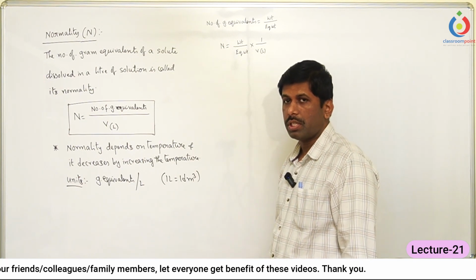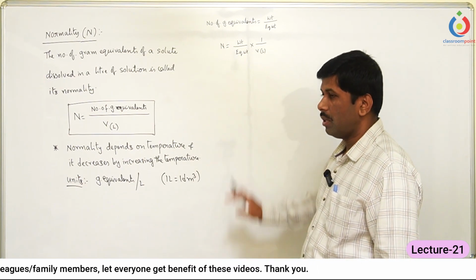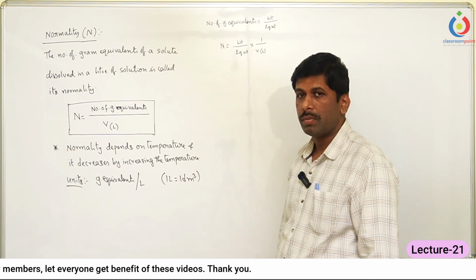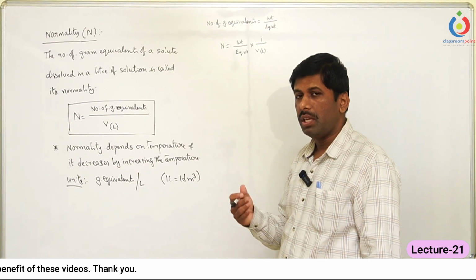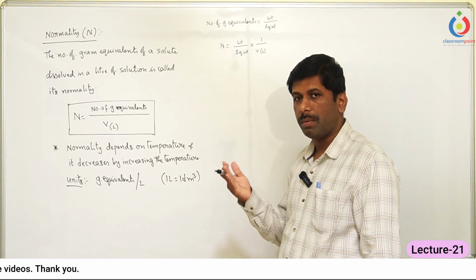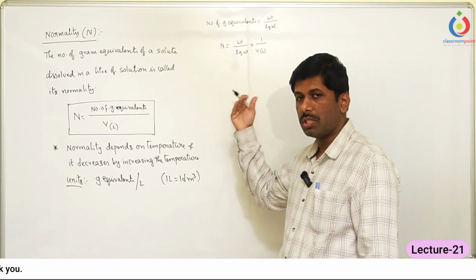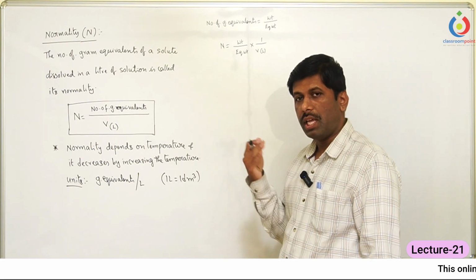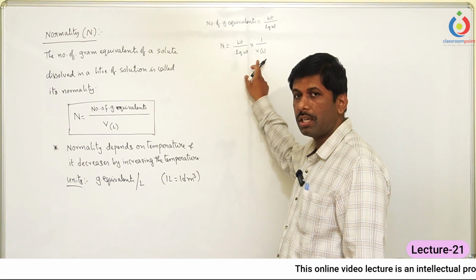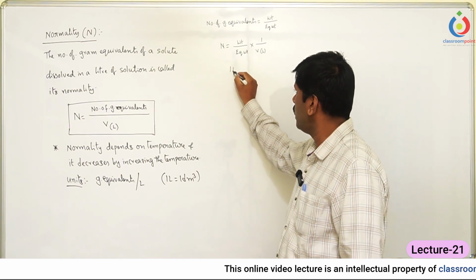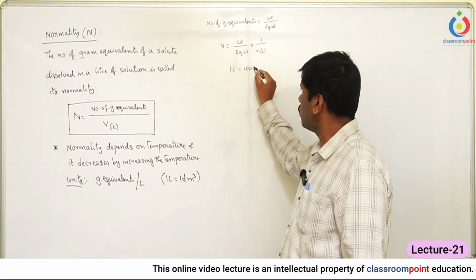In most questions, sometimes the volume of the solution is given in liters, and sometimes it is given in milliliters. If milliliters are given, you have to convert them into liters and then substitute in this formula. Otherwise, directly also we can substitute. If we convert this formula into the milliliter form, we know that 1 liter equals 1000 ml.